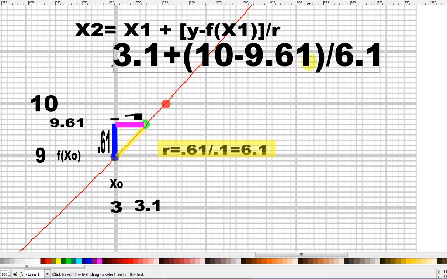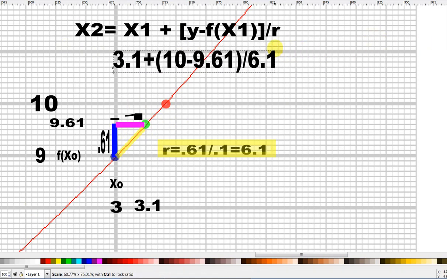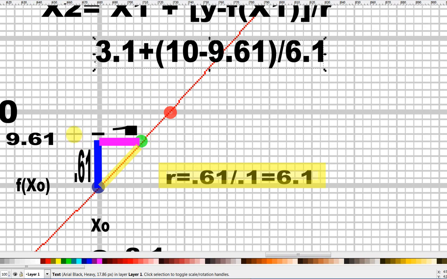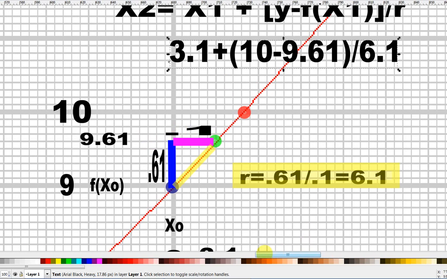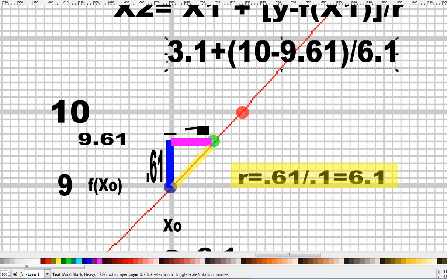10 minus 9.61 is calculating this distance. Let me zoom in again. Let me resize this. When I zoom in, it'll get super large. So what we're looking at here is the distance between here and here.